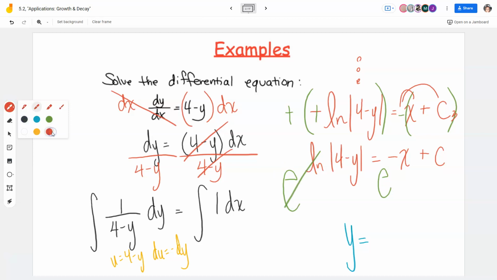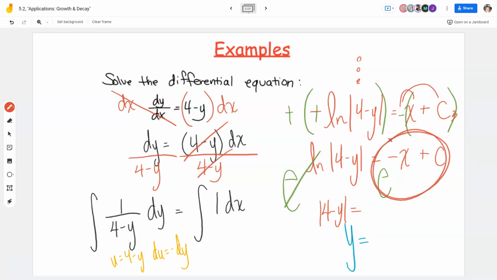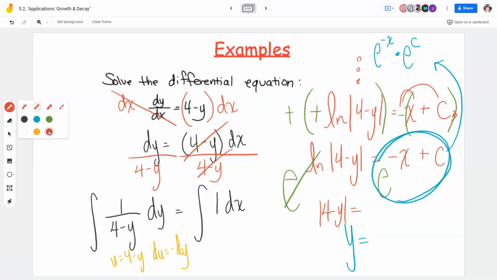Because now I would get absolute value of 4 minus y is equal to this. We would go back to algebra for a second and we would say, hey, wait a minute. What happens when I add exponents? When I add exponents, it's like e to the negative x plus, no, it's not an addition. Addition in exponents means there were additional e's multiplied. So all of a sudden I'd be making this a C4.